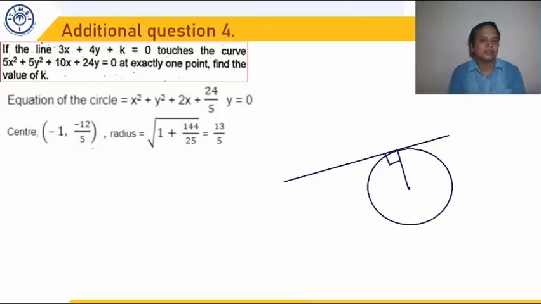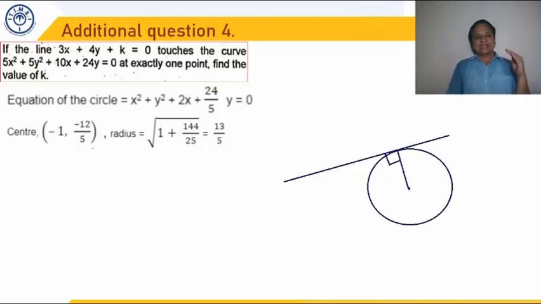C is 0 in this case. So minus 1 square is 1, 12 by 5 square is 144 upon 25. So 1 plus 144 upon 25 is under root of 169 upon 25, which is 13 upon 5. So the radius comes out to be 13 by 5 units.